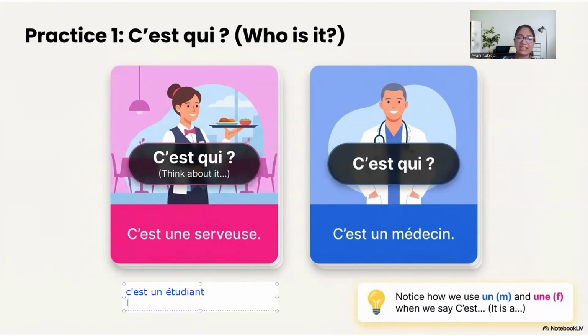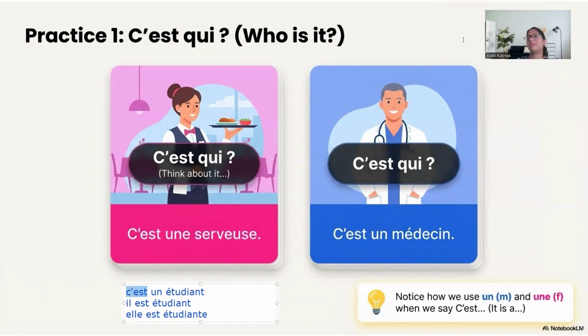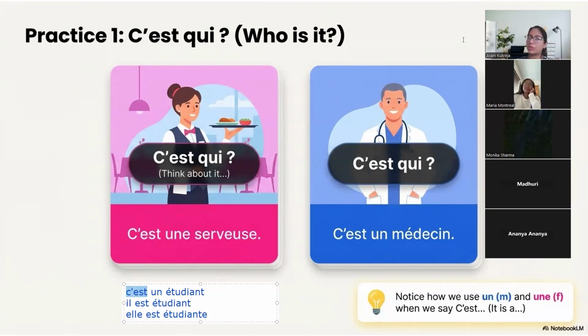But if you're writing he is, then we will not write he is a student. We'll say il est étudiant, or elle est étudiante. That's just how it is, because in different sentence formations, we may or may not use the articles. So remember these two sentences for now: with c'est or ce sont, we use the indefinite article, but with il est or elle est, we don't use the article. Is this clear? Good note, Ananya.